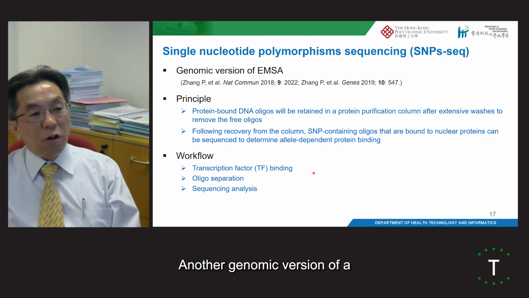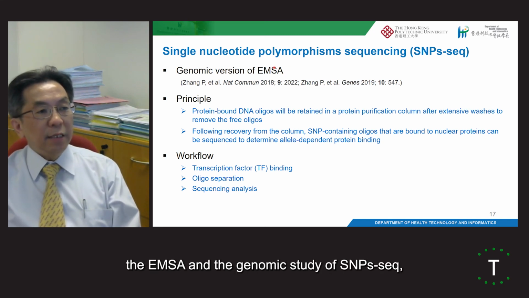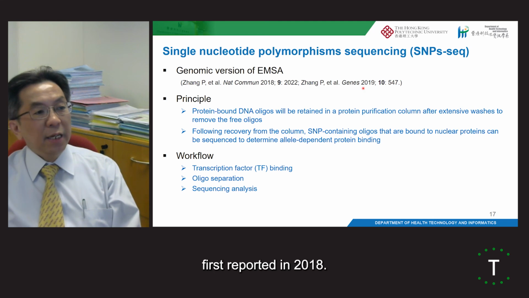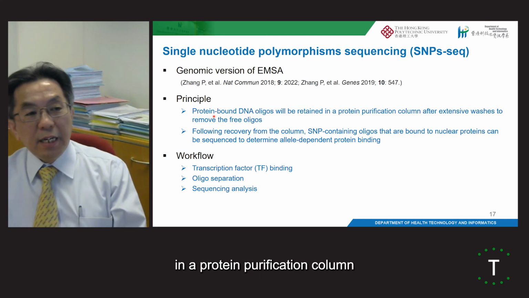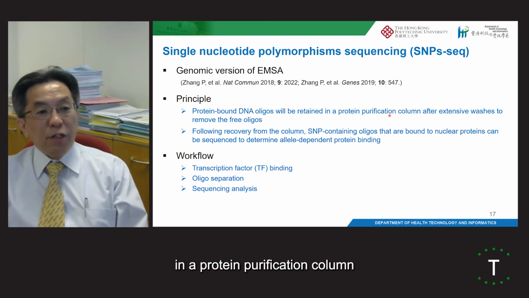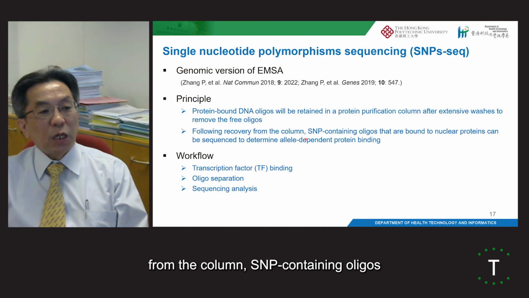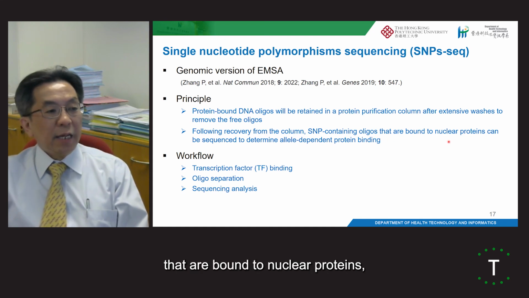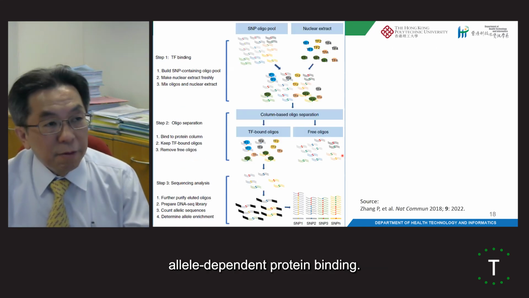Another genomic version of a classical functional study is the EMSA, and the genomic version is SNP-seq, first reported in 2018. Here, protein-bound DNA oligos are retained in a protein purification column after extensive washes. After recovery from the column, SNP-containing oligos that are bound to nuclear proteins can then be sequenced to determine allele-dependent protein binding.